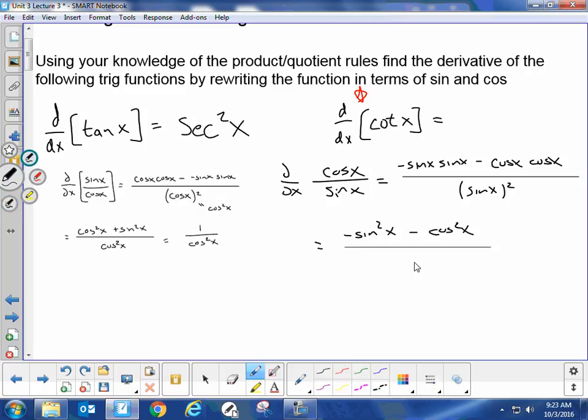I end up with negative sine squared minus cosine squared over sine squared. I can pull out a negative 1 here and make both of these positives and use that same identity, sine squared plus cosine squared is equal to 1, to get our derivative of cotangent being negative 1 over sine squared. Well, that can be written as negative cosecant squared.